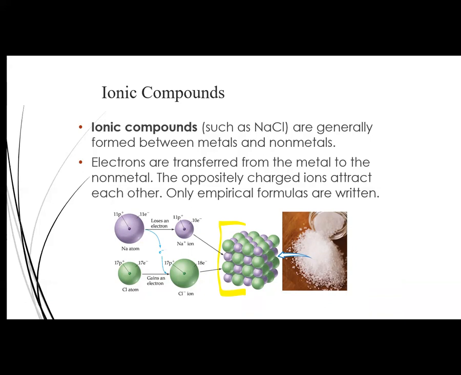So when we're looking at ionic compounds, we want to think of them as being this connection between our anions, negatively charged ions, and our cations, positively charged. And they don't form molecules, they instead form these ionic crystals like you see here with this green and this purple. That way, each of those anions is attracted to a cation, but it could be spread out between several cations, several anions. They're not directly only tied to one other one.